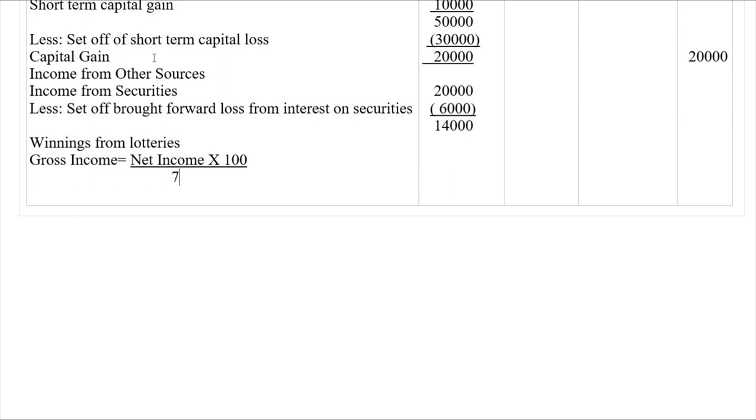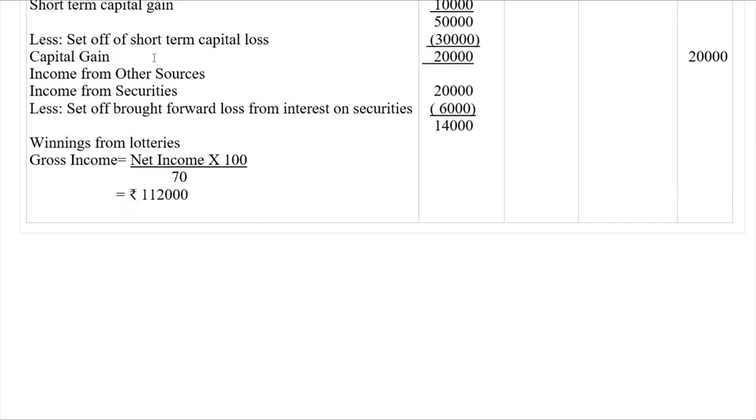Let us substitute the values in this formula. That equals rupees 1,12,000 multiplied by 100, divided by 70.